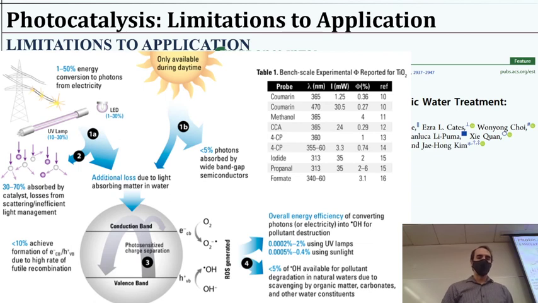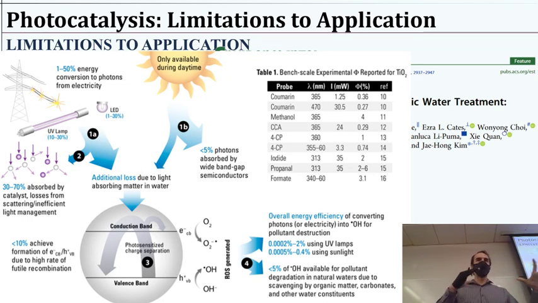Then here it's saying additional loss due to light absorbing matter in water, so dissolved organics. Some formation efficiency based on that whole recombination. Even though we can improve that whole recombination, the big picture is maybe that's not enough. Maybe there's other efficiency gaps that are important.